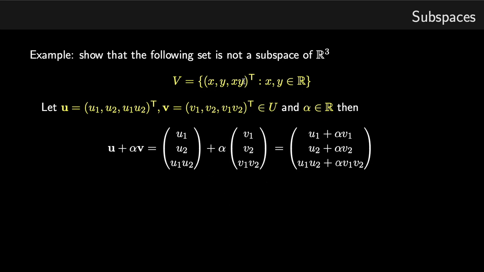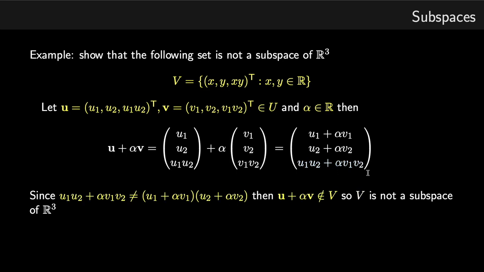Now the defining characteristic to be a member of V was that your third element is equal to the product of the first two elements. Well, here we can see it's clearly not the case. So since that third element is not equal to the product of the first two elements, the subspace condition isn't satisfied. So u plus alpha v is not in V, so we say that V is not a subspace of R3.